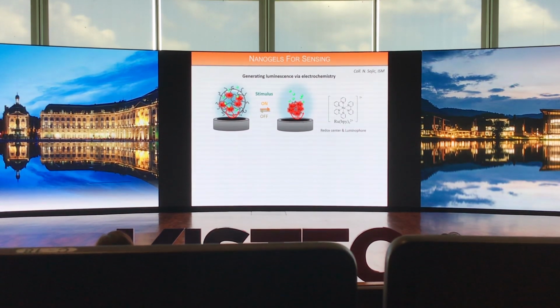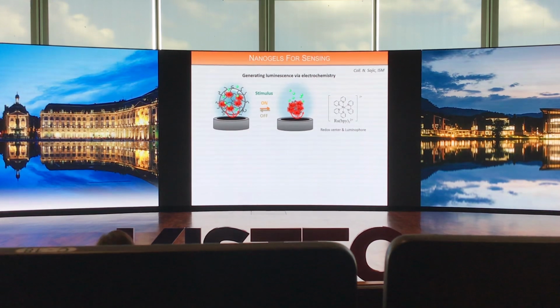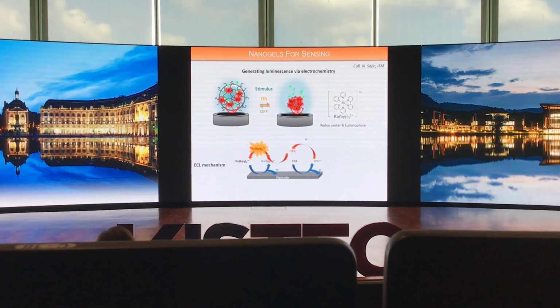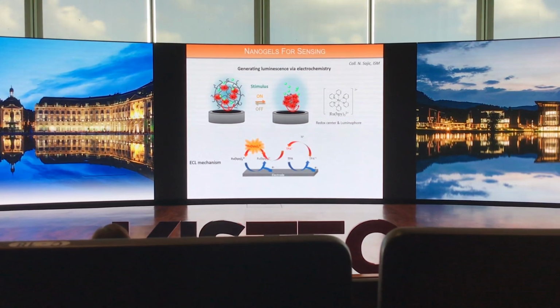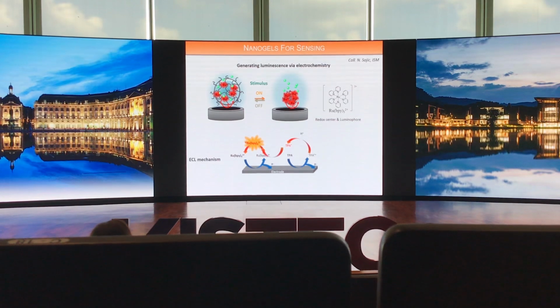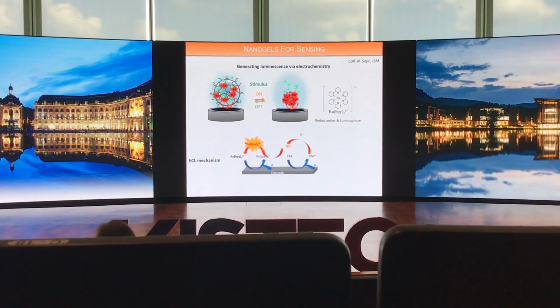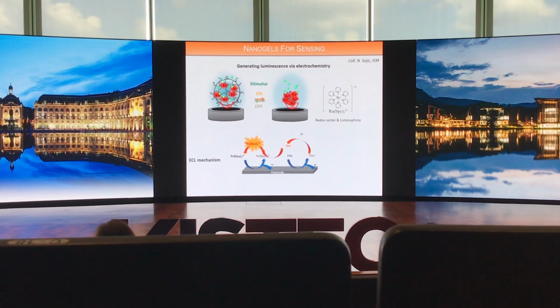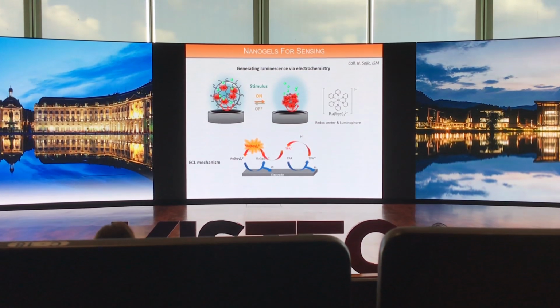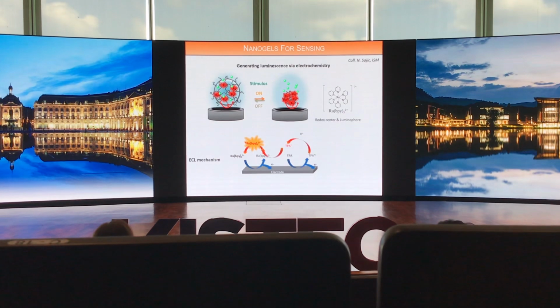That means that you apply a potential, you change the state of a redox compound. So in this case, the ruthenium complex, which goes from the form 2+ to 3+, and then through the addition of another reactant, which is also another redox species, which is sacrificial, there will be an emission of light.